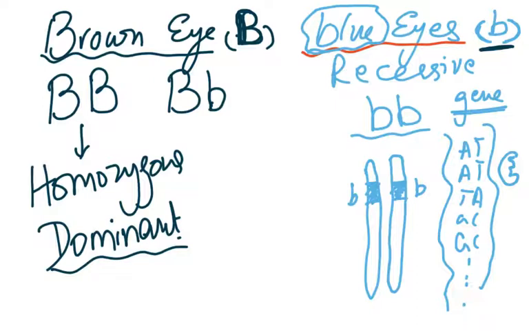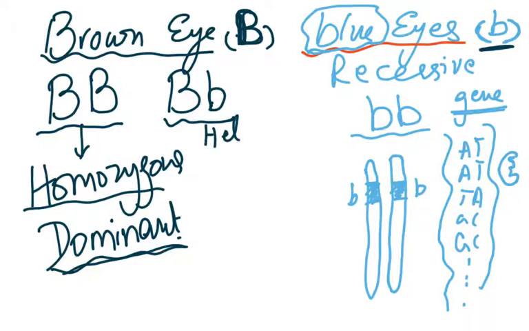Now the definition given in your books says the dominant allele is one whose effect on the phenotype of a heterozygote is identical to its effect as a homozygote. So if it's homozygous, the effect is the same, and if it's heterozygous, the effect is the same. Heterozygous, please remember, is not dominant or recessive.